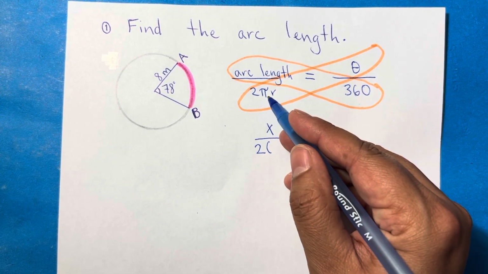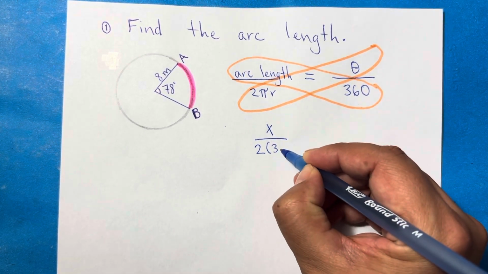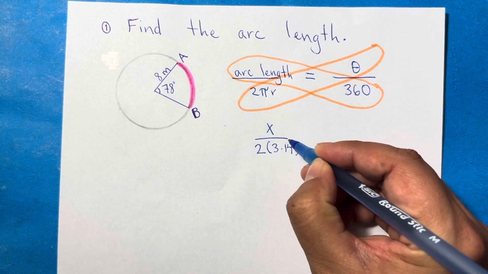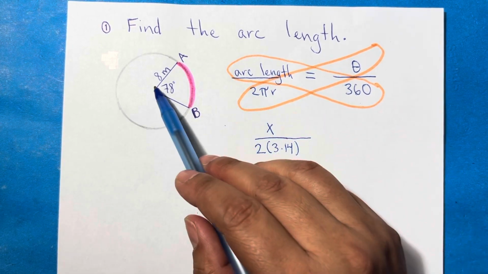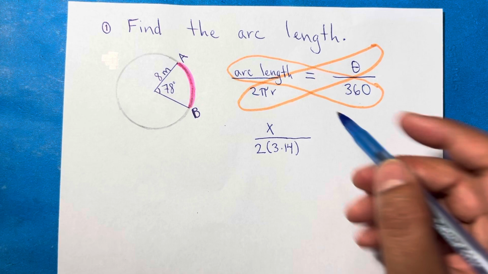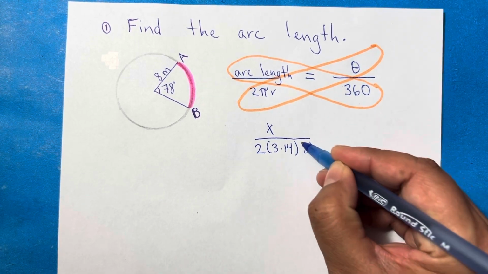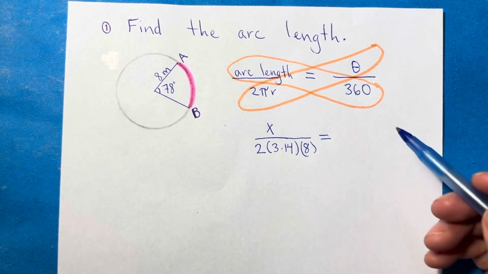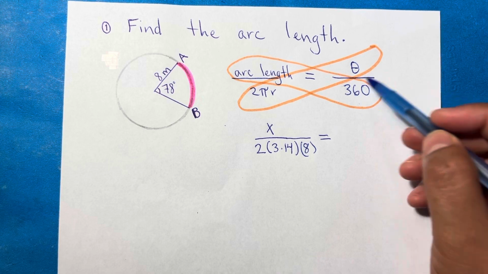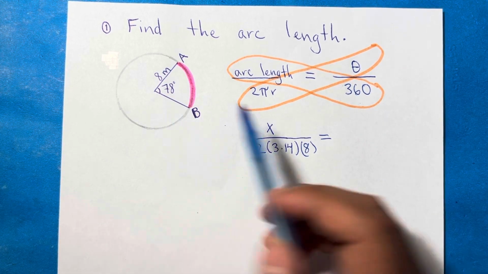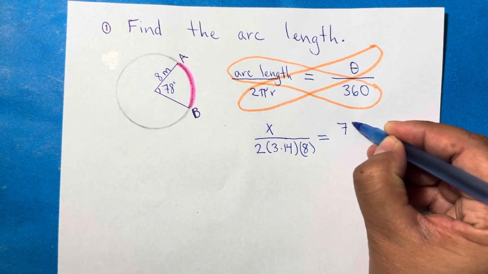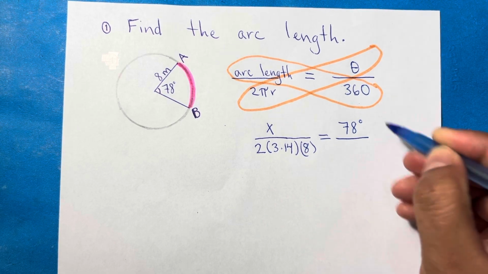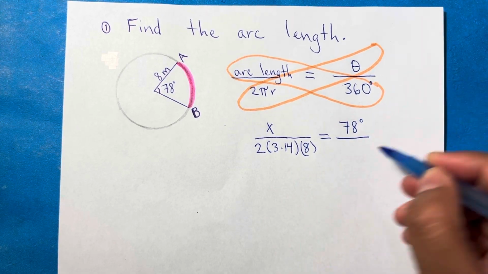We know that the value for pi is 3.14, and the radius, which is 8 meters. That's going to be equal to theta, the measurement of the angle, which is 78 degrees, over 360 degrees.